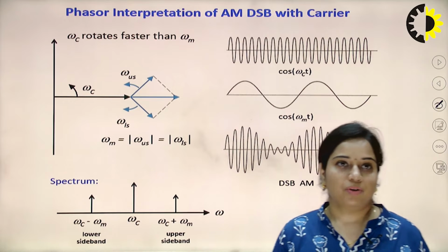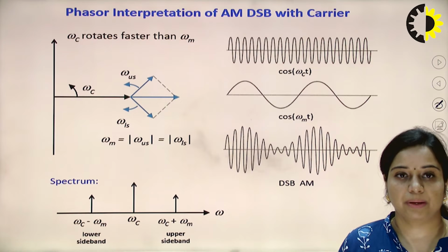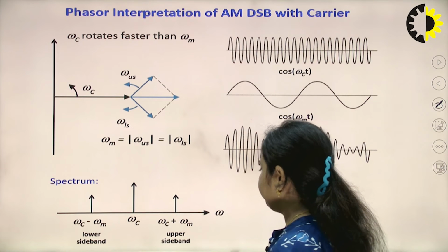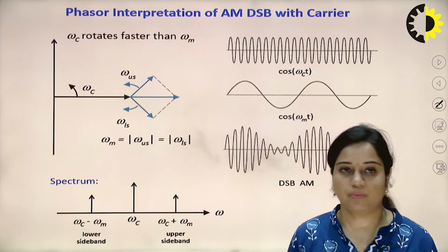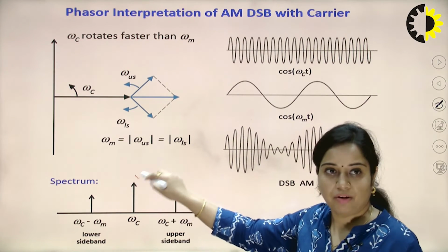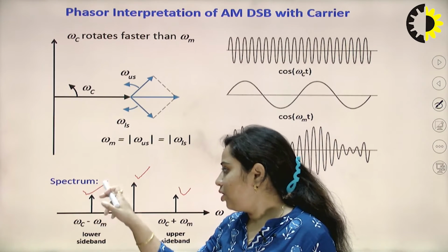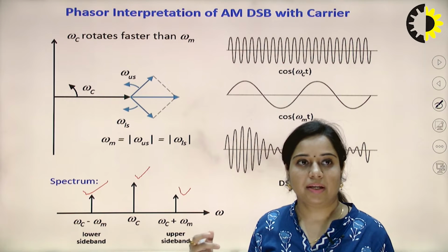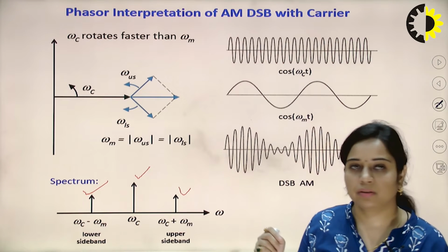Now next important topic related to AM DSB with carrier, that is the spectrum and the phasor diagram that we have to consider. Since in case of AM, three frequencies are transmitted. First one is the carrier frequency, next one is the upper sideband, and other one is the lower sideband. So these are the three frequencies that we have to transmit in case of amplitude modulation or DSB with carrier.